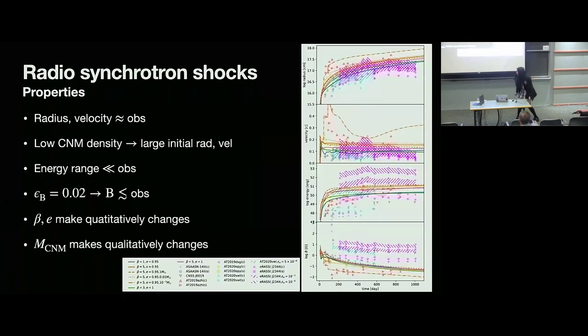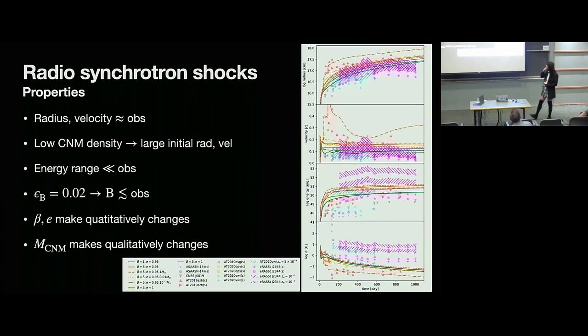And we did the same thing as the optical paper. So we got radius, velocity, energy, and some magnetic fields from observations, so what they infer from observations. And we try to extract similar properties from our simulations and compare with the observations.